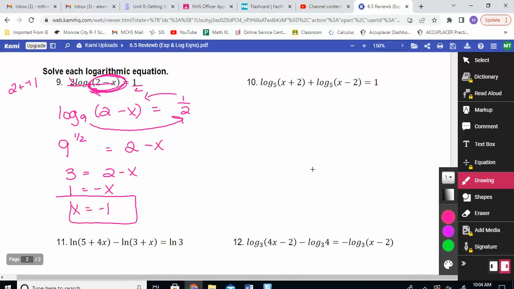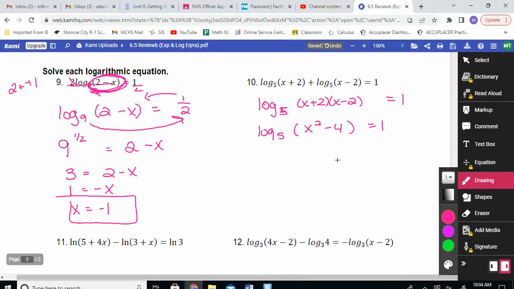So, if these logs are added, we combine them by multiplying. So we have to take x plus 2 times x minus 2. Foil. X squared minus 4.